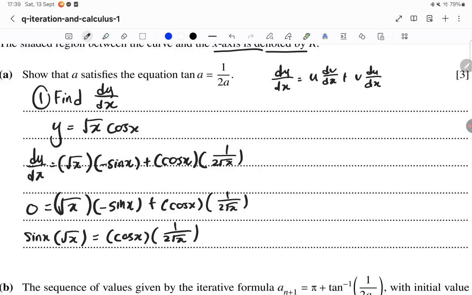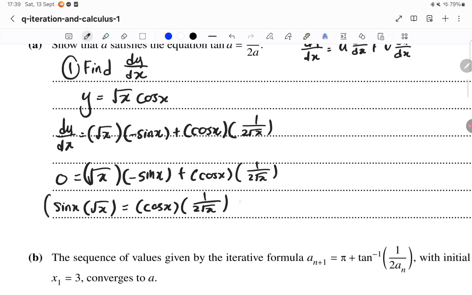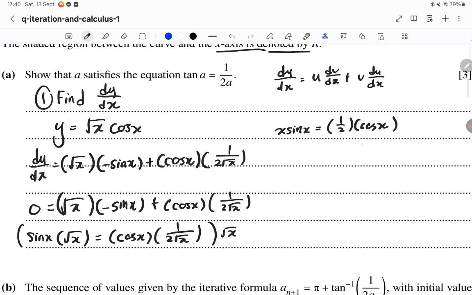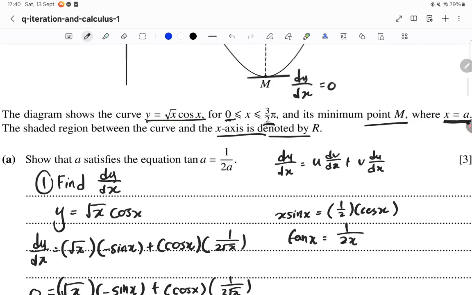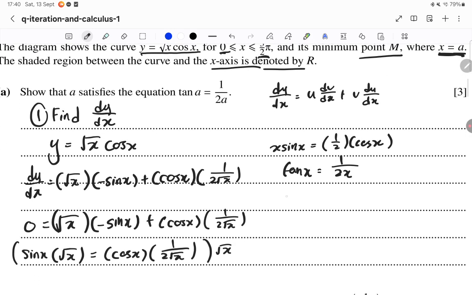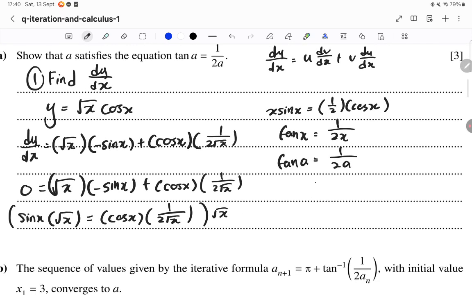Sorry, I meant multiply each side with 2√x, by the way, where we get sin x equals 1 over 2x multiplied by cos x. Okay, and we can somehow obtain our tangent by dividing here. So tan x is equal to 1 over 2x, and as we know, our x value for the maximum point is a, so we're just going to replace the x values with an a, so shown.